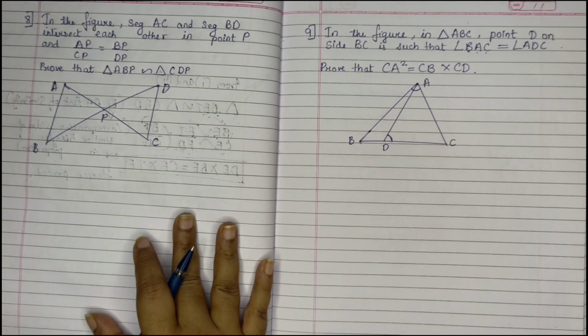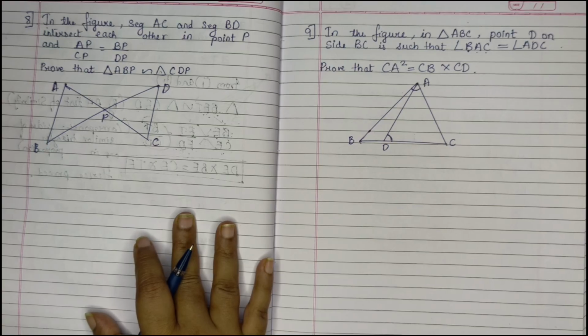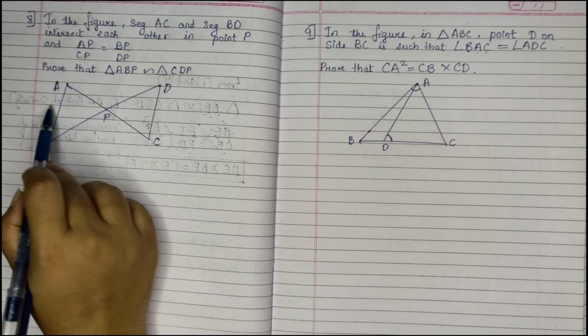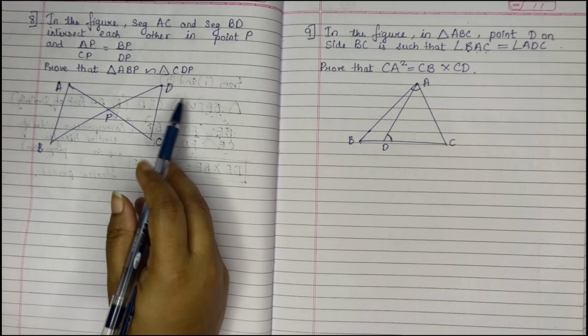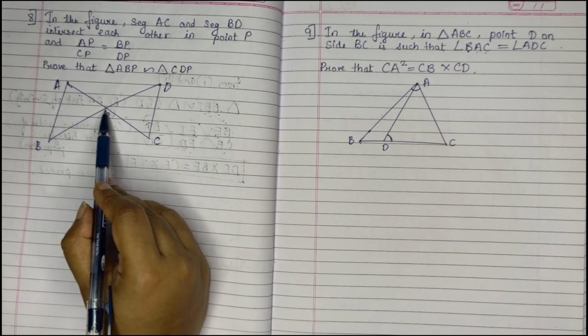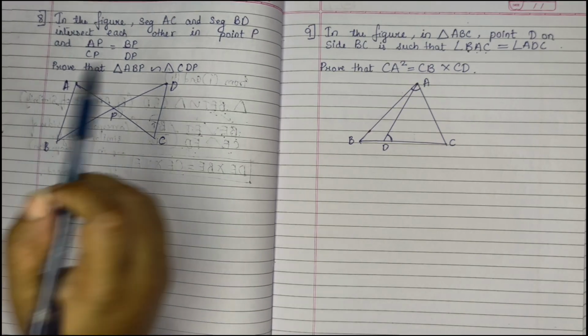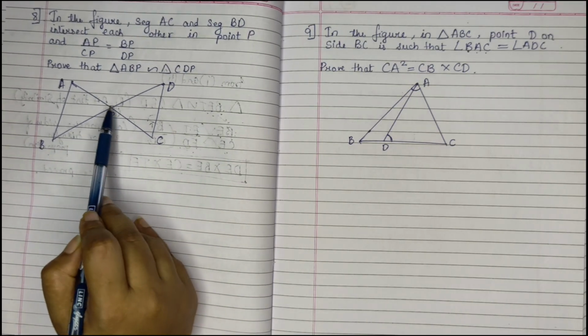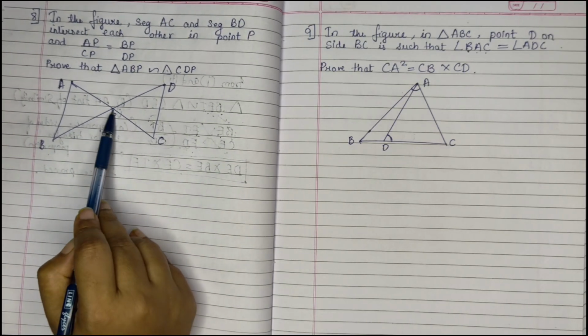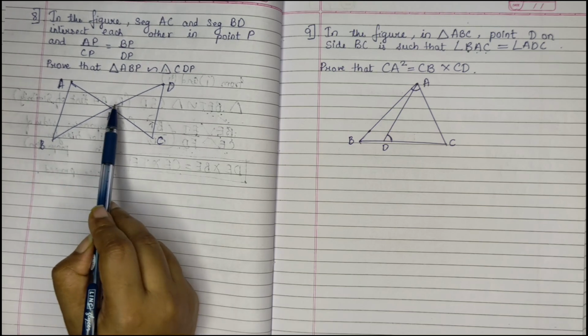Now see the eighth sum. In the eighth sum, in the figure, segment AC and segment BD intersect each other in point P. You can see here AC and BD intersect each other at point P. So therefore AP upon CP is equal to BP upon PD.